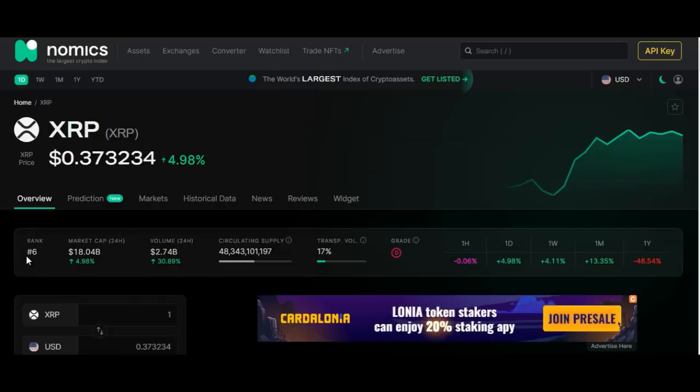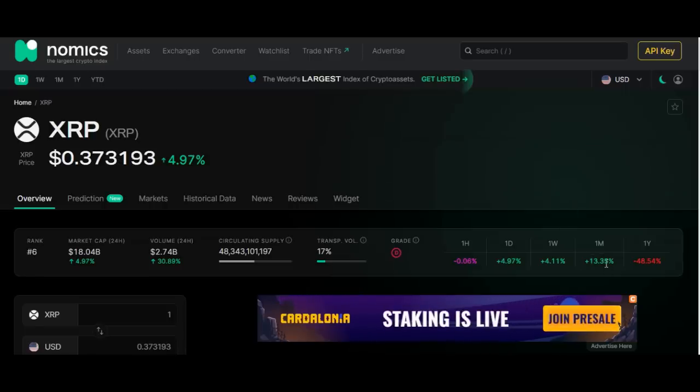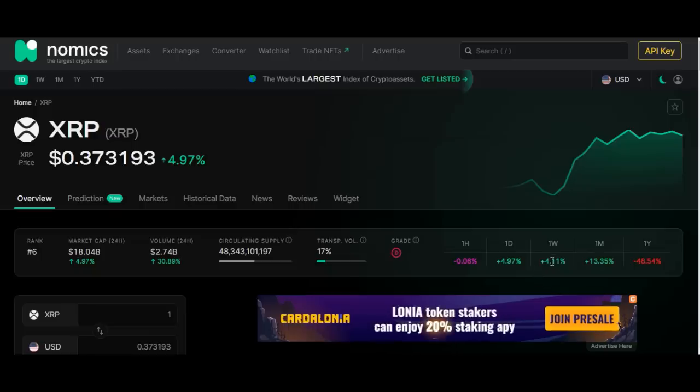It's got a lot more volume, and it's lower, so there's more liquidity most likely. So again, we're back at a week. We're up 4.11%. At a month, we're up 13.35%. Okay, now remember that was a 1 bar indication.